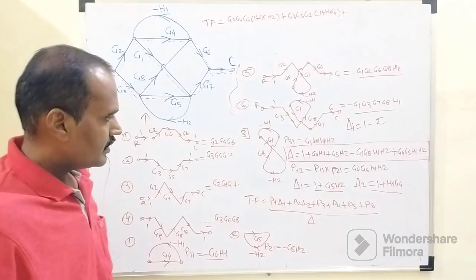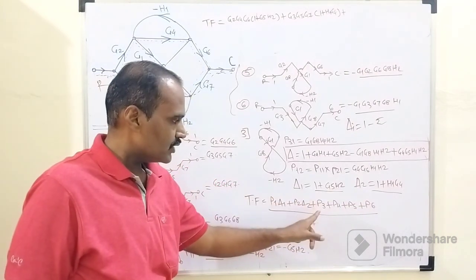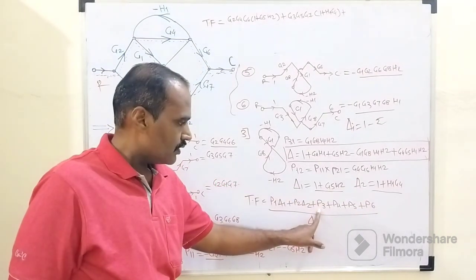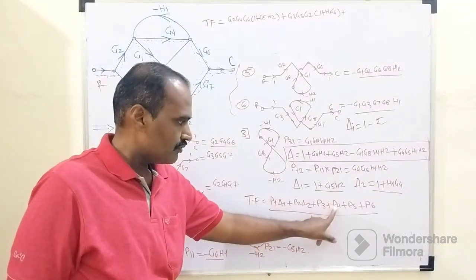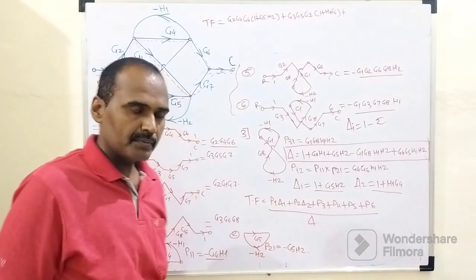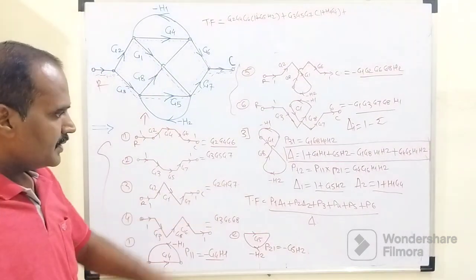So instead of writing delta 3, 4, 5, 6, we need to add the gains of loop number 3, 4, 5 and 6, that is P3, P4, P5 and P6.